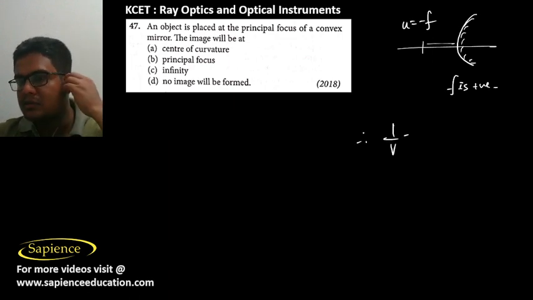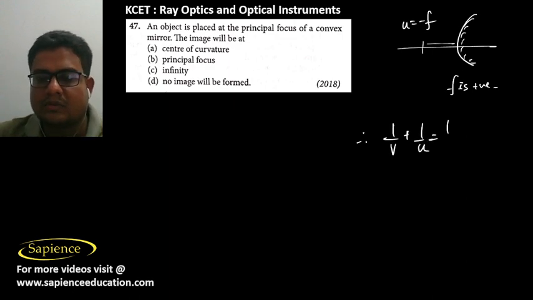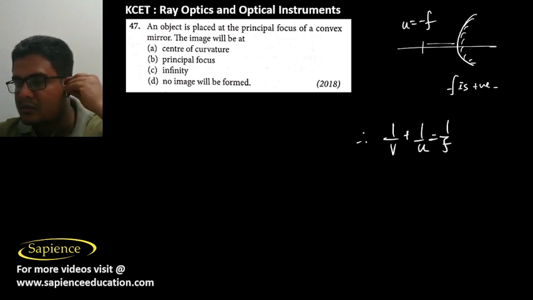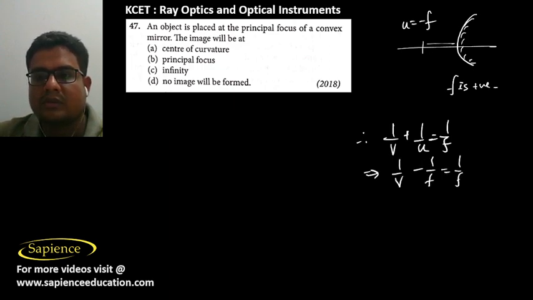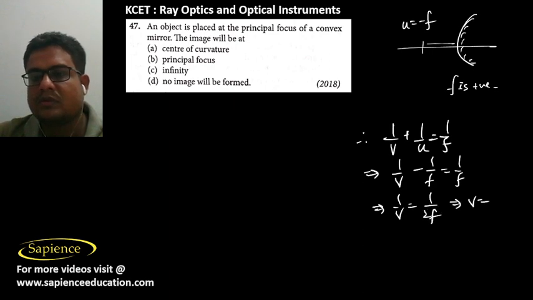So here also 1 by v plus 1 by u is equal to 1 by f. So this will be 1 by v minus 1 by f is equal to 1 by f. So 1 by v is equal to 1 by 2f. So v is equal to 2f.